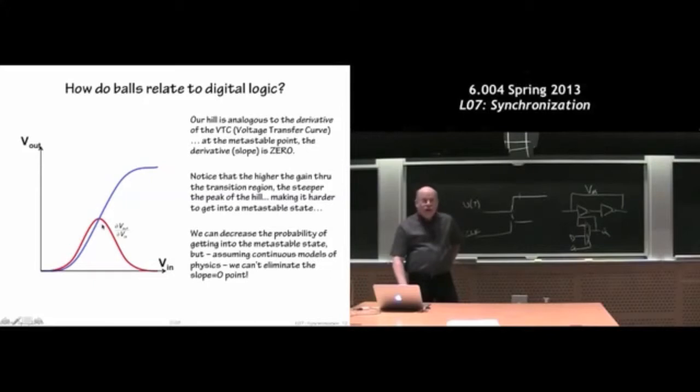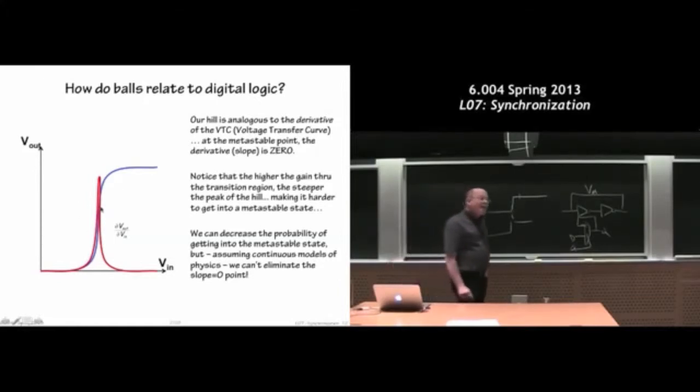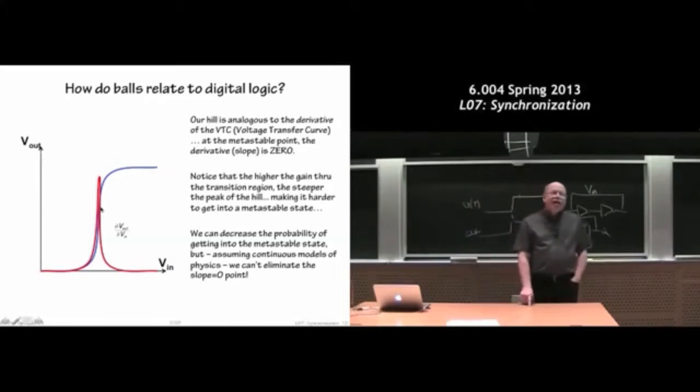This is the hill that we're talking about, right? And so what we're saying is this is sort of the effect, the acceleration, if you will, that's being provided by the system to a change in input voltage. And basically, as the gain gets steeper and steeper, the VTC gets steeper, this diagram of the gain, we get this steeper and steeper hill.